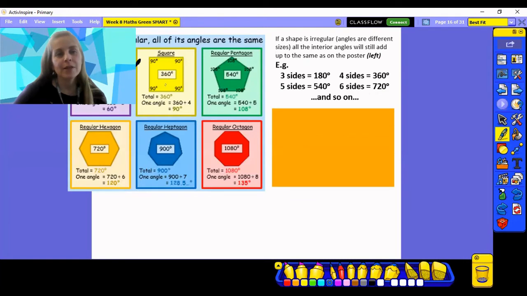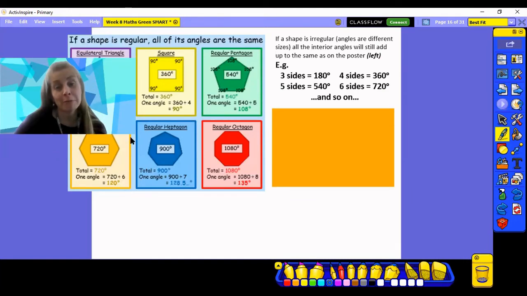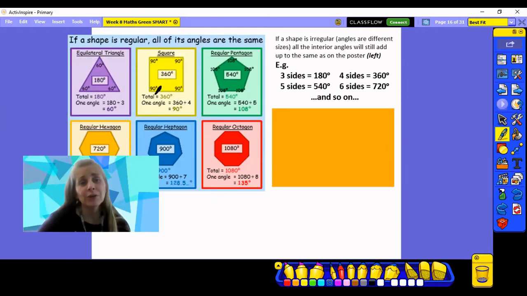So this is just the starting building block, as a pictorial representation if you like, of how we can know that there are 180 degrees in every triangle. Now we know that when it comes to equilateral triangles and regular shapes, the angles are the same, but we know that every shape, whether it's irregular or regular, the interior angles will still add up to the same as over here.